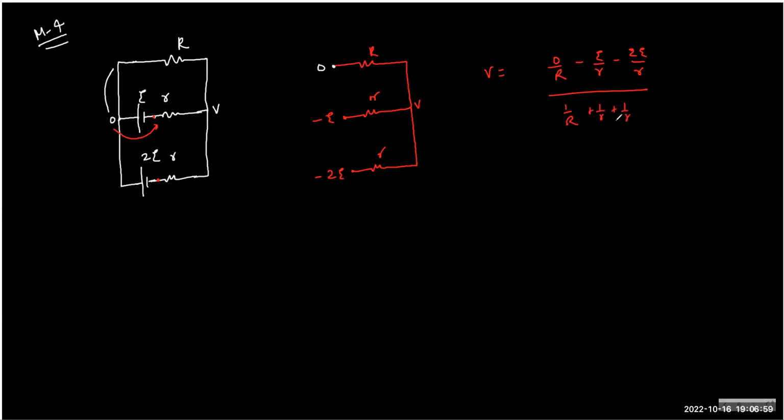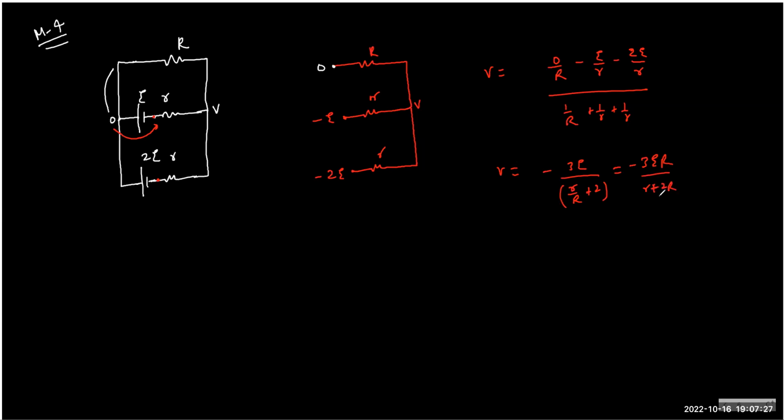So we got the junction potential directly. So we got the answer V equals to how much? Why it is negative? You can understand this is negative because I assumed V on the right side. So V turns out to be R by R. Yeah. So -3E by R.